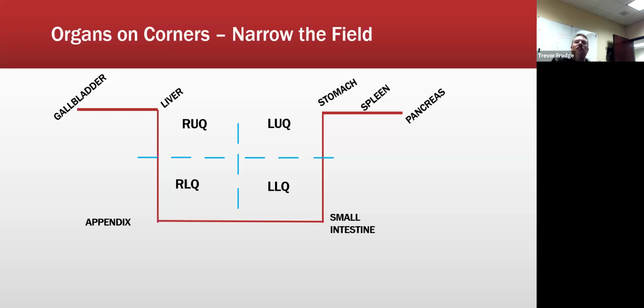If I have pain in my right lower quadrant, I'm probably thinking appendix, and I'm kind of dismissing everything else. It's kind of like how you do dysrhythmias. If you're taking an assessment of somebody and their heart rate is 50, well, I'm starting to think of Brady rhythms and blocks. I don't care about tachycardias.